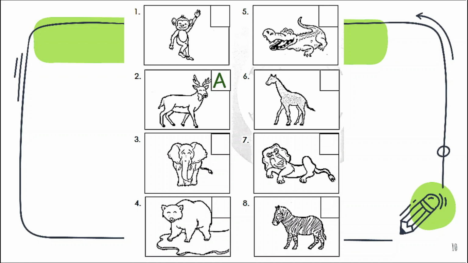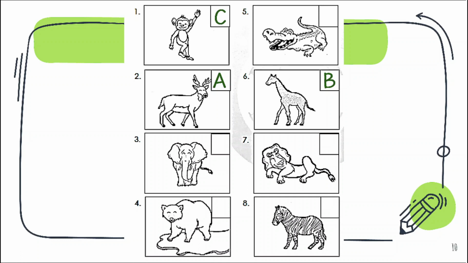Okay, it's in number 6. So we are going to write letter B. And then we saw a monkey jumping from tree to tree. Where is the monkey? Correct. It's in number 1. So we are going to write letter C on number 1.